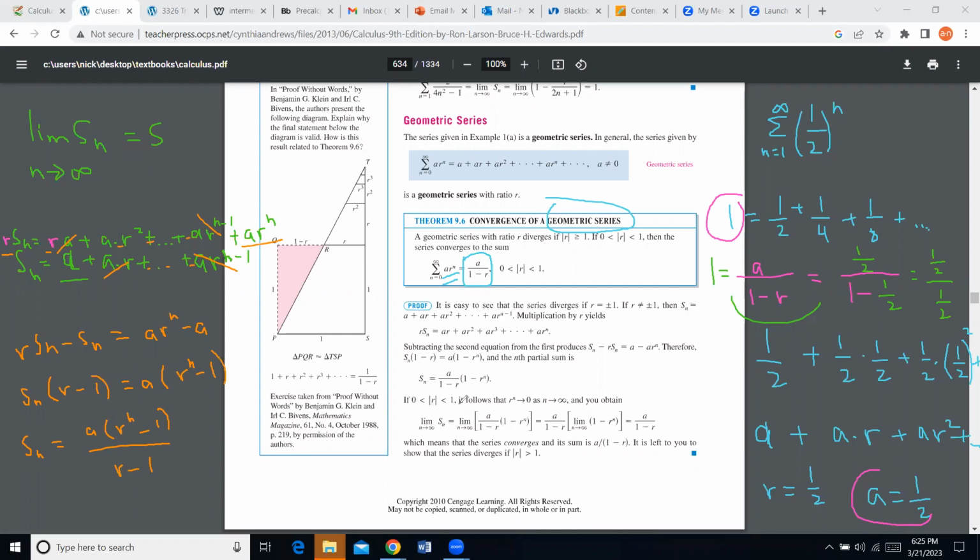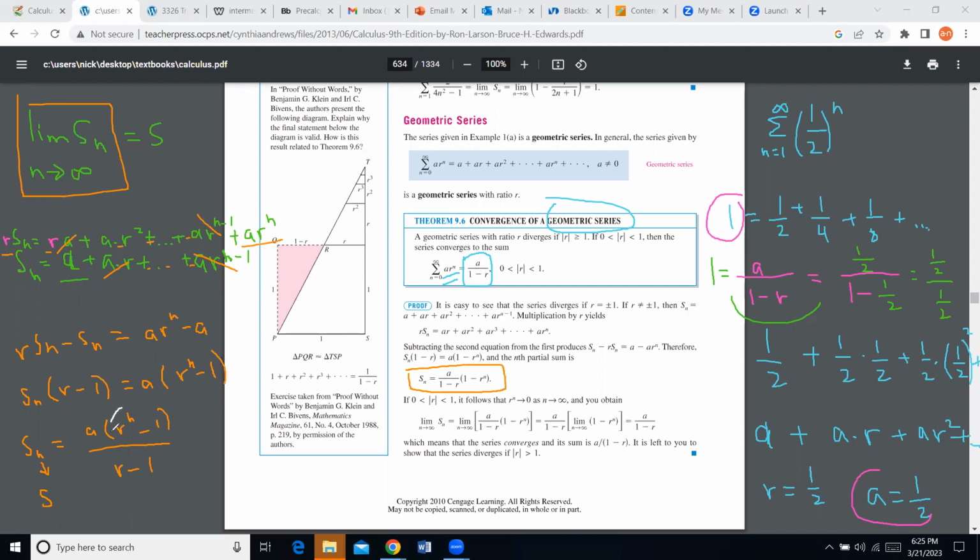So that's what they actually came up with here. So I'm going over the little proof here. And now I need to take a limit and see what happens if n approaches infinity. Well, then this turns into S.